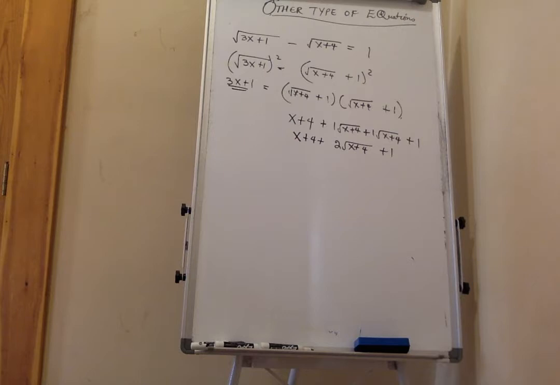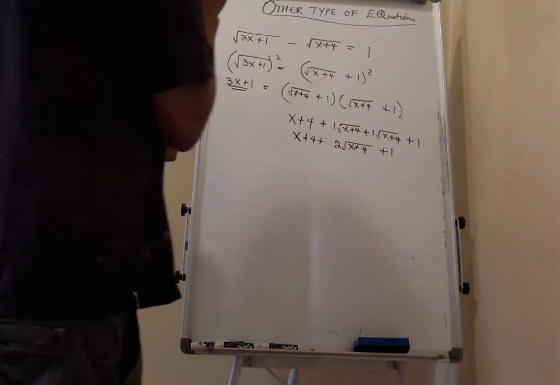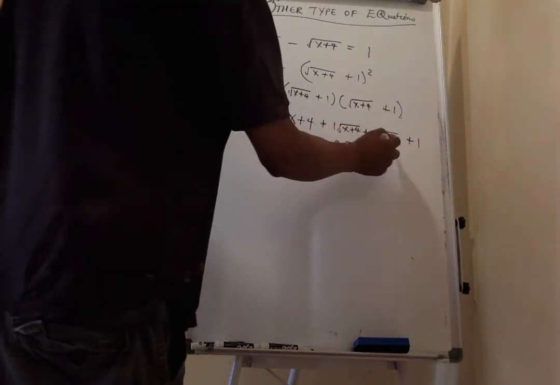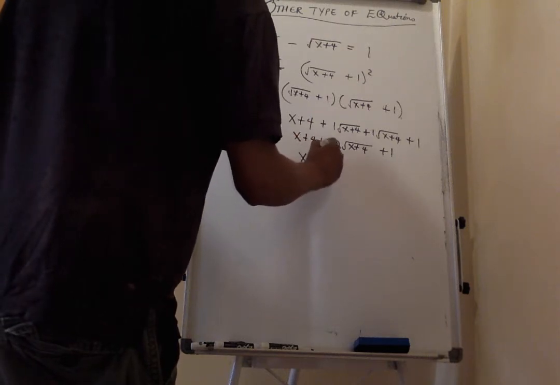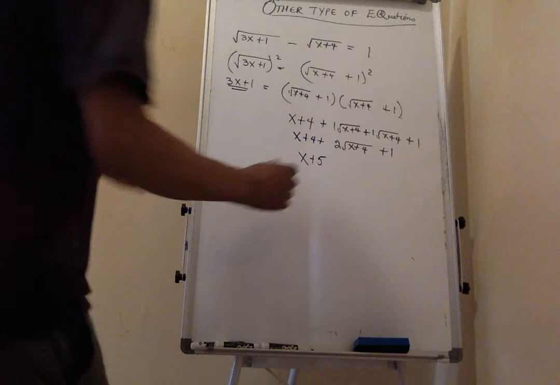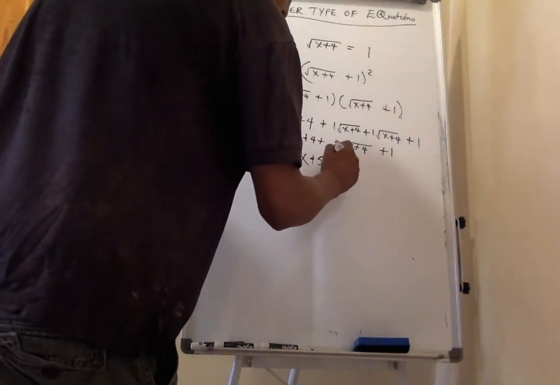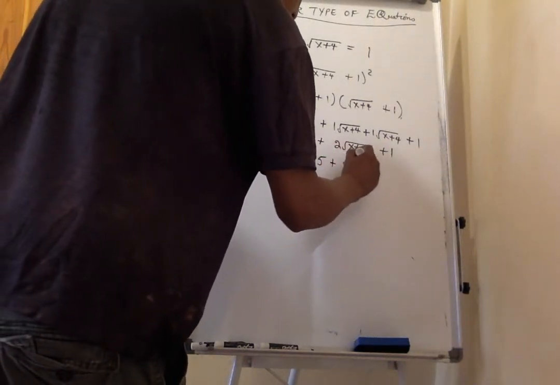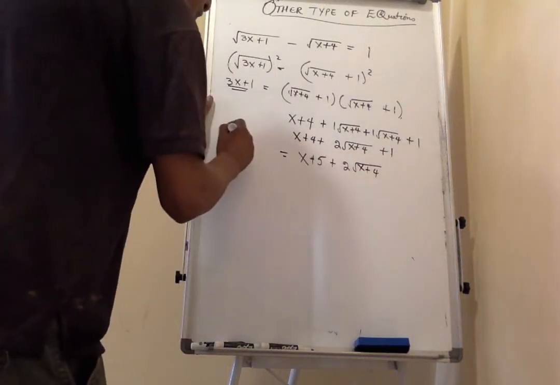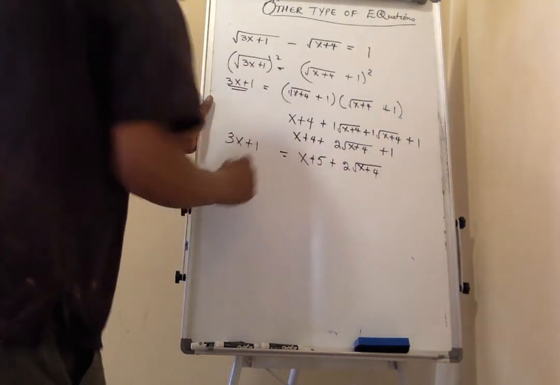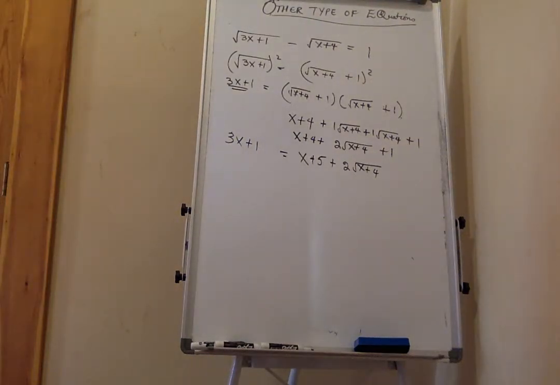Okay. Again, let's simplify this. Look, I have 4 here, I have 1 here. So I can simply say x plus 5, right? Plus 2 times the square root of x plus 4. That is equal to 3x plus 1. Okay? We're almost there.